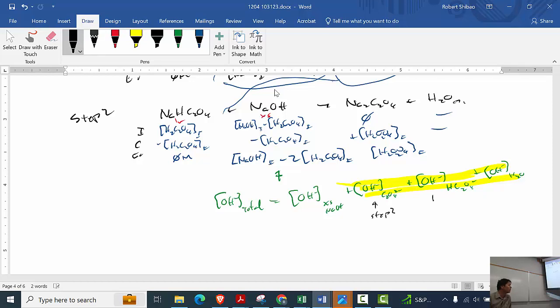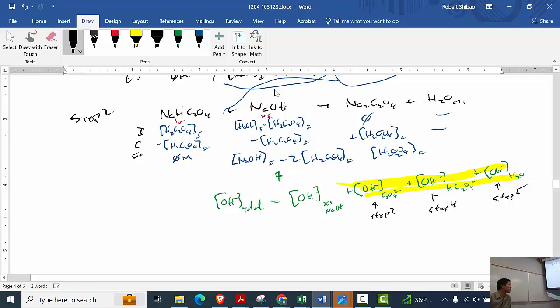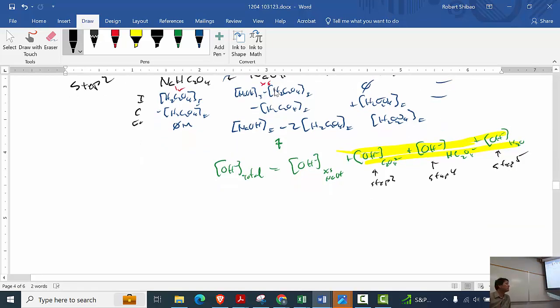This would be step 4. This would be step 5. But we're going to skip those. And we're going to say that's it. If that's it, then this is what we're going to have. The pOH is equal to the negative log of the total hydroxide.